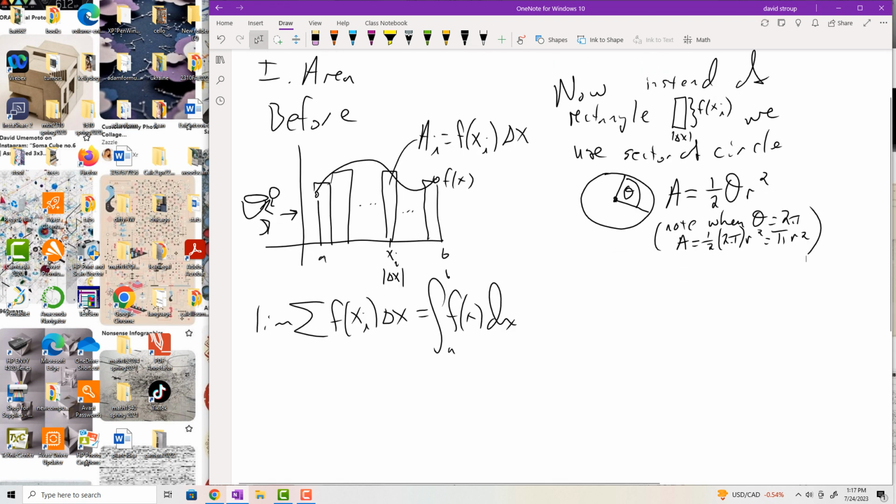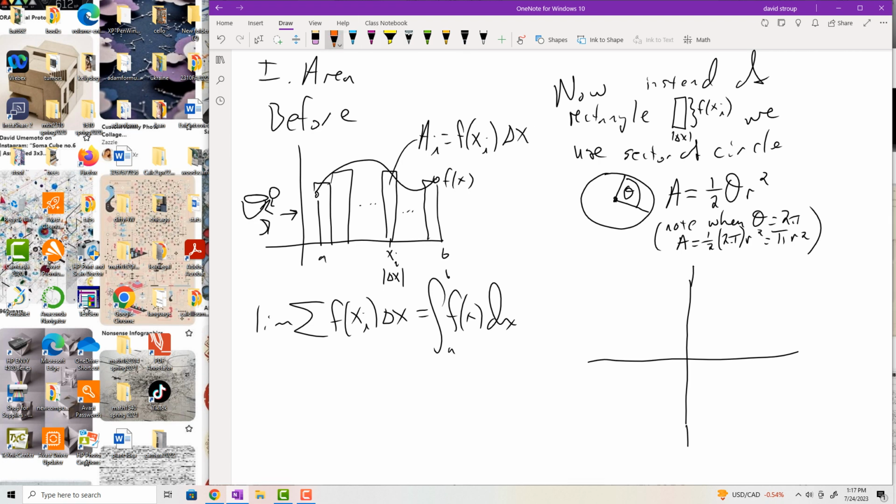Okay, so we use that idea, and now Riemann person is not running across the x-axis. Riemann person is actually going to be going in a circle. So let's take a look at what we got here.